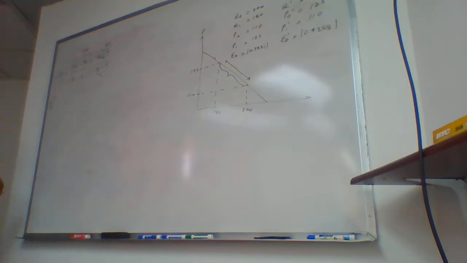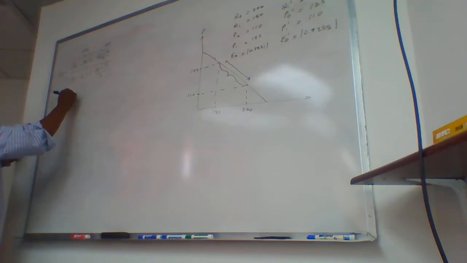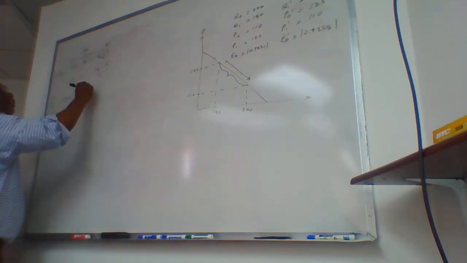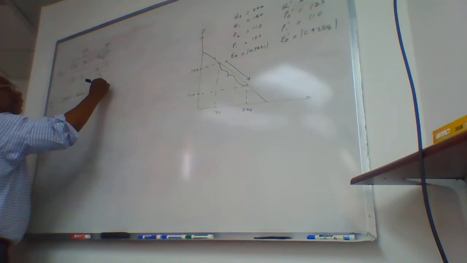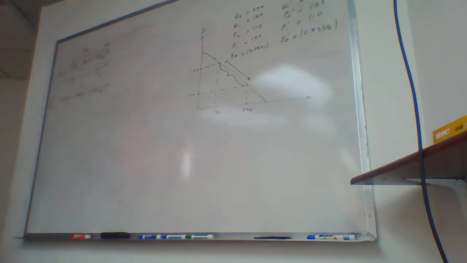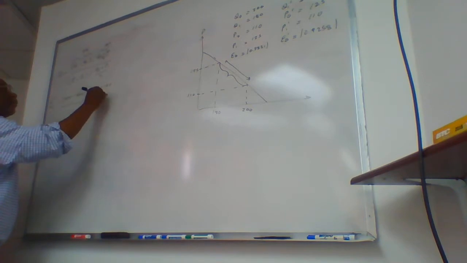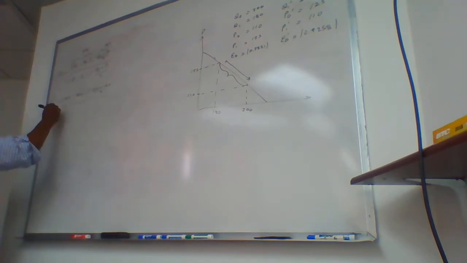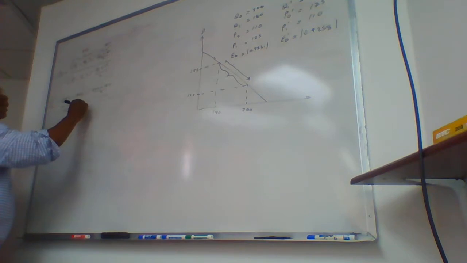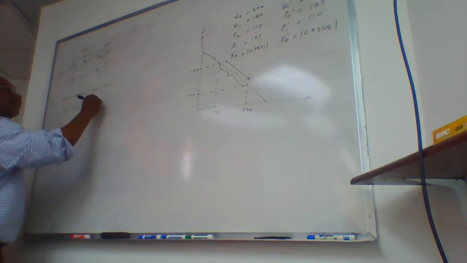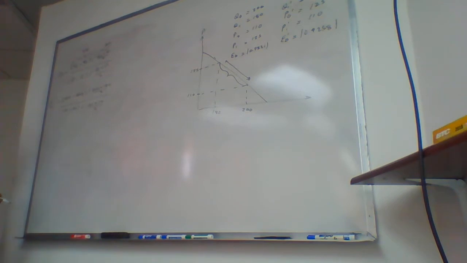Originally our Q1 was 180, minus 200, divided by, now in this case, 200 plus 180 over 2. And we do the same thing for price. Price was 110 minus 125, divided by 125 plus 110 over 2.